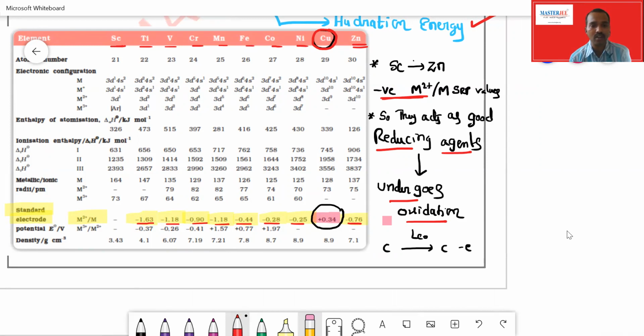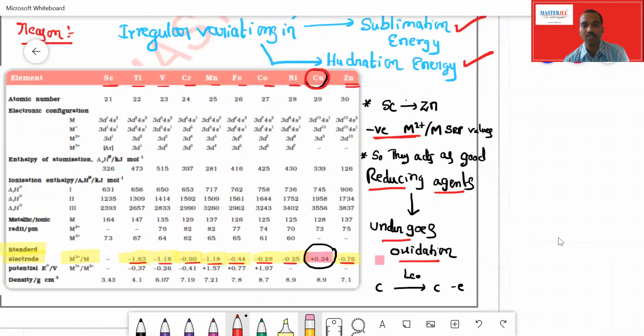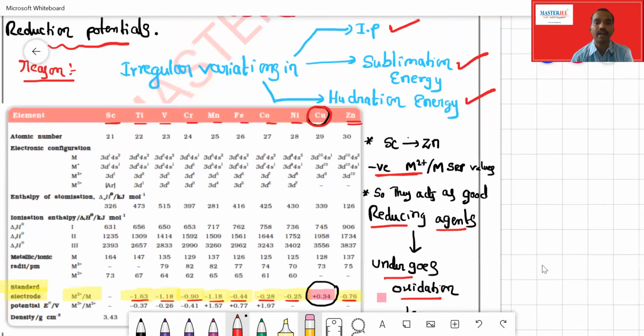Why do these irregular trends take place? Because of the variation in ionization potential, sublimation energy, and hydration energy.